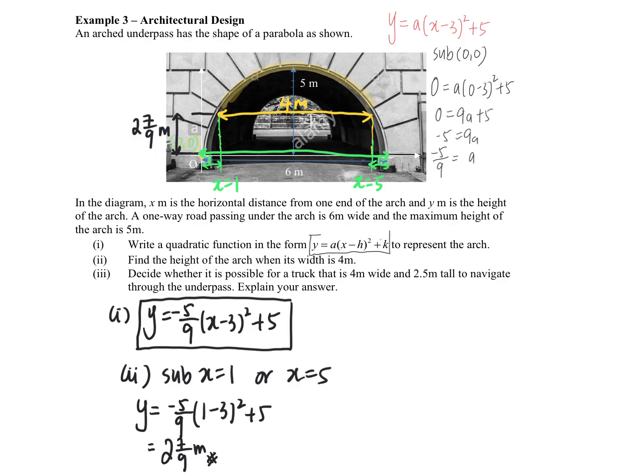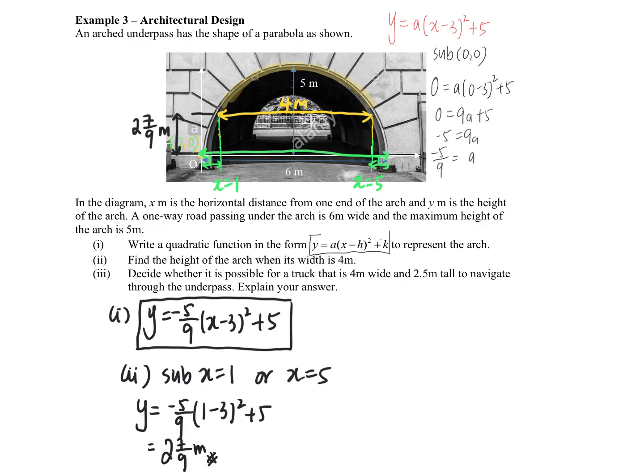The last one is they want you to make the decision like the toy, whether my ball will hit the toy. Now I'm going to drive a truck through. Okay? My truck is 4 meters wide. A very wide truck. Okay? But the height of the truck is only 2.5 meters.